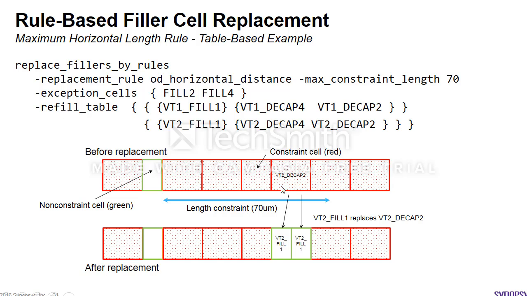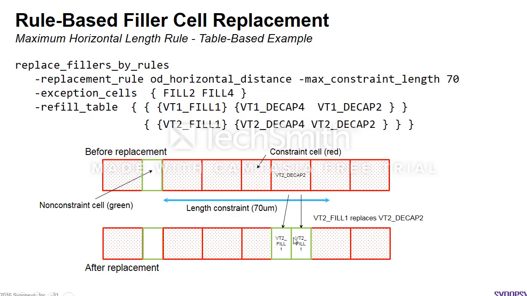For this example, we see the length larger than 70, and we find in this distance we have one decap cell, and this decap cell is in your feeder table, so we take this decap to replace two or more feeders. In this example you replace it with VT2 feeder 1.